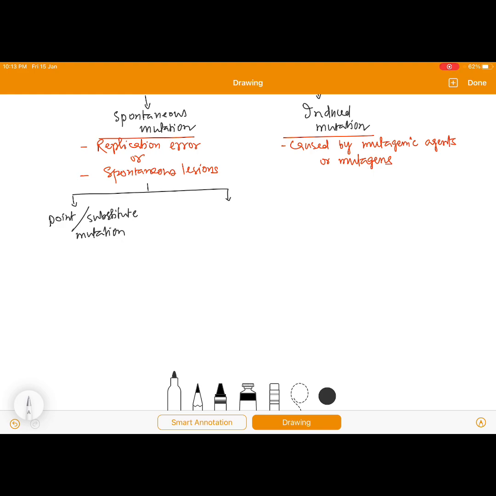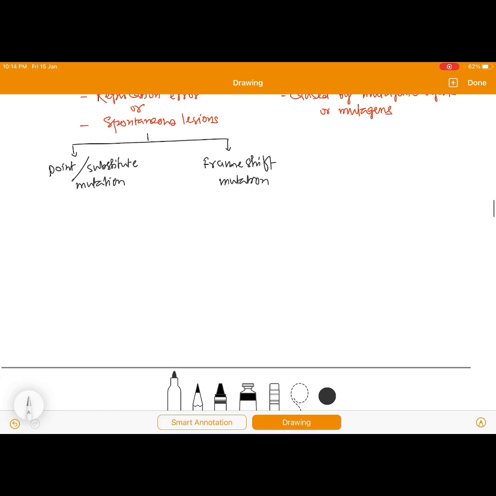Another type is known as frame shift mutation. Point mutations can be of two types: one is the transversion type, and the other one is the transition type.